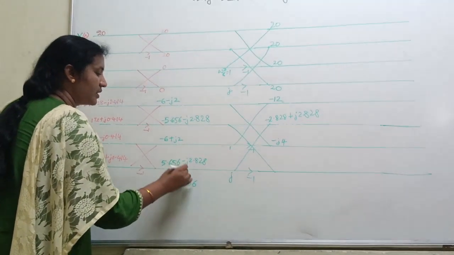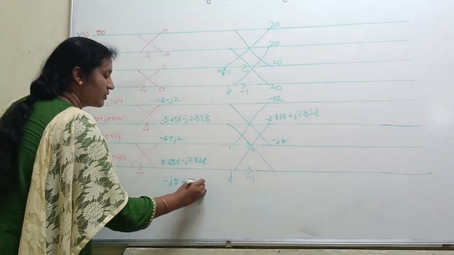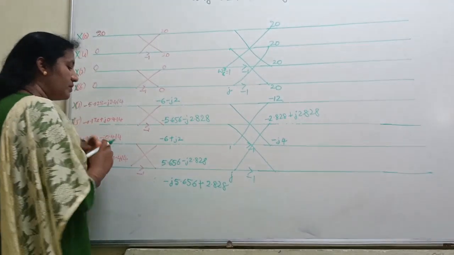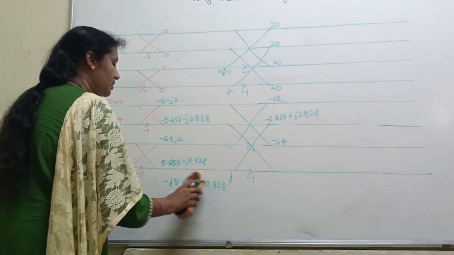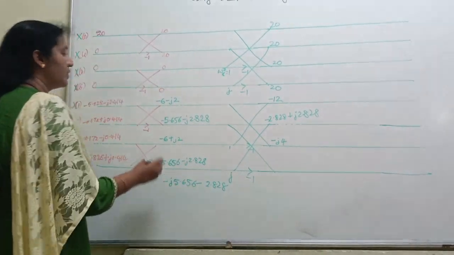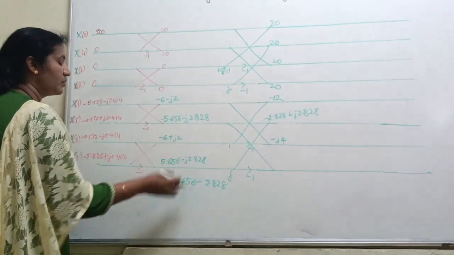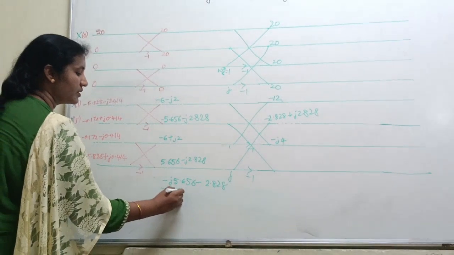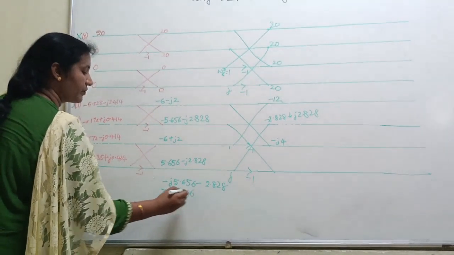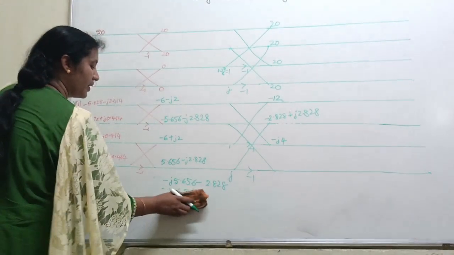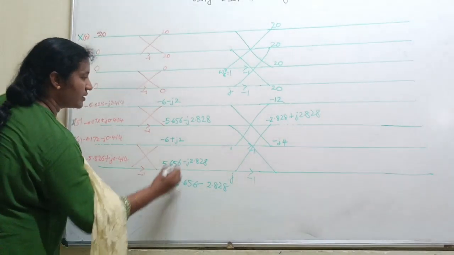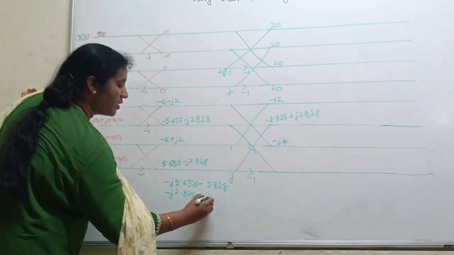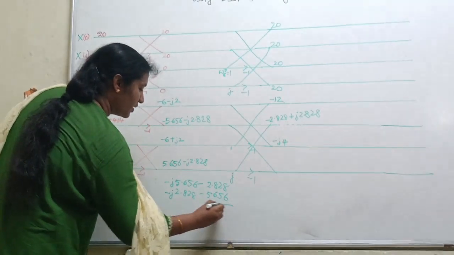Next, minus j into j squared plus 2.828 multiplied with minus 1 becomes minus 2.828. So here we have to do the addition: minus j 2.828 minus 5.656. What is the answer we will get?